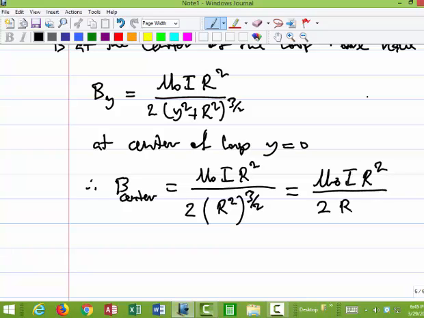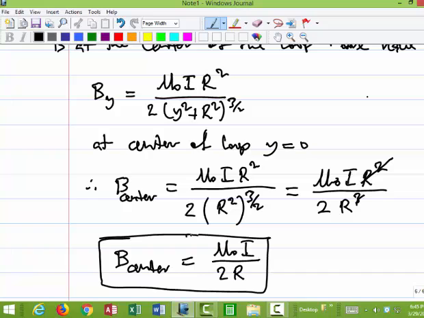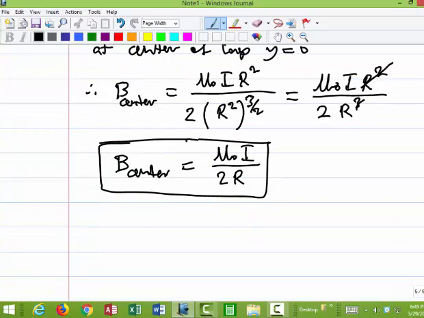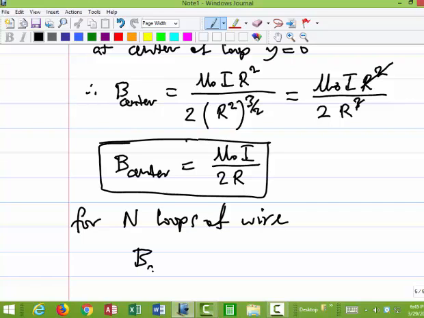You can cancel those. So the field at the center becomes mu naught I over 2R. That is the field at the center. And if you have n loops, then you can multiply through by n. So for n loops of wire, the B field at the center is going to be equal to n mu naught I over 2R.